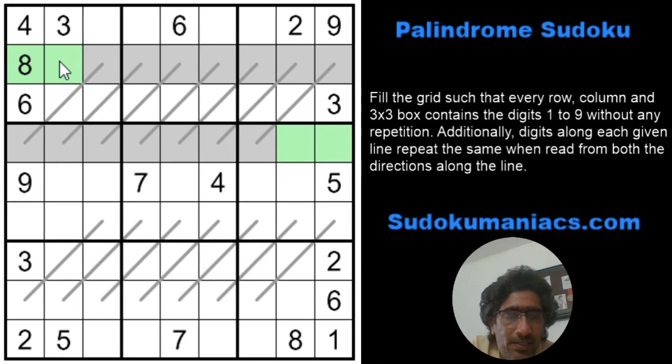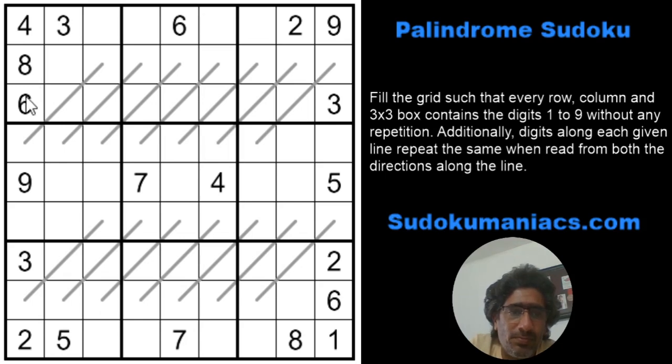What it means here is the 2 digits that come in these green cells in row 2 will occupy the 2 positions that are marked by green in row 4 as well, to get the unique 1 to 9 set for each row. Correct? Got it? I'll explain it further, don't worry, when we are solving.